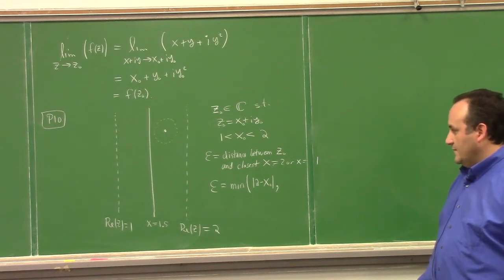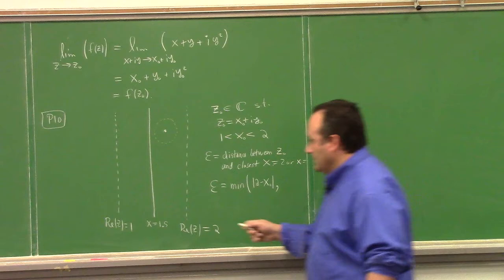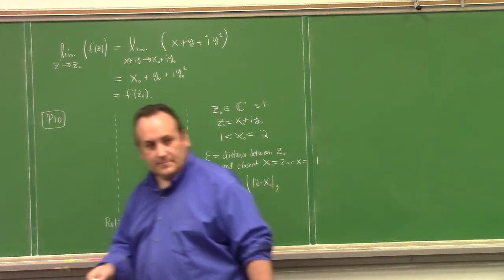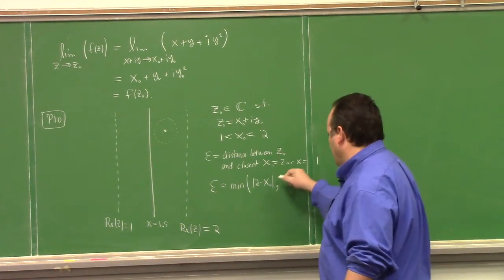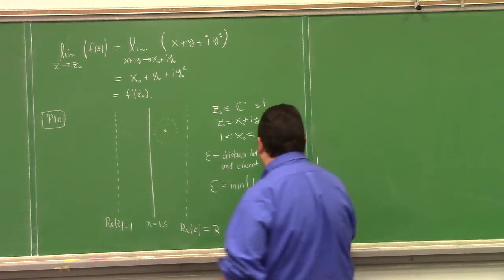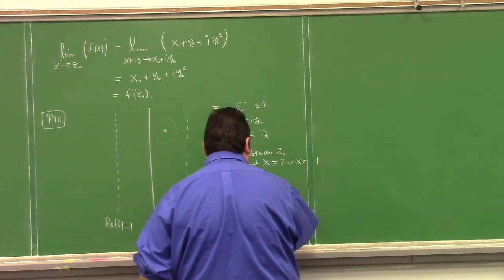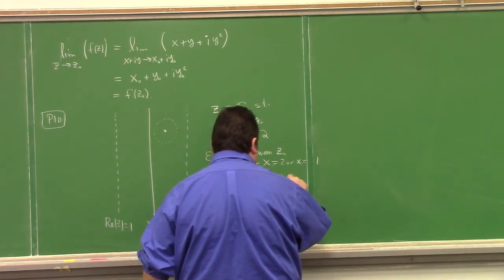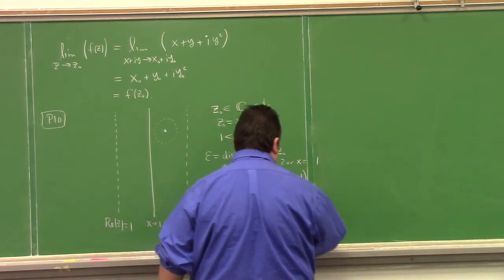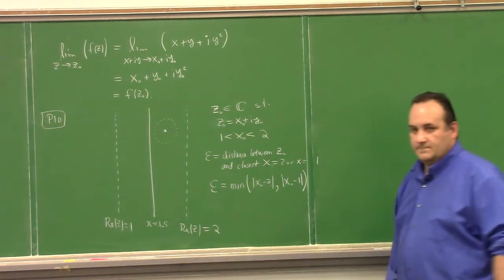No y. y has nothing to do with it. It's all about x. That's the minimum, and then 1, and then x minus 1. Or of course, you could do x naught minus 2, x naught minus 1.